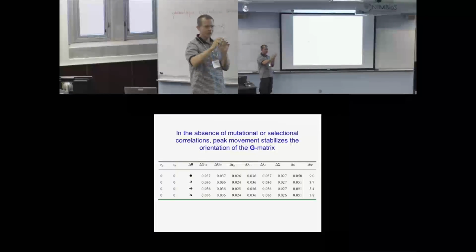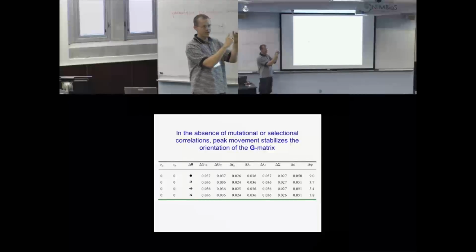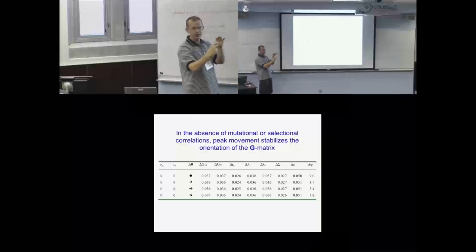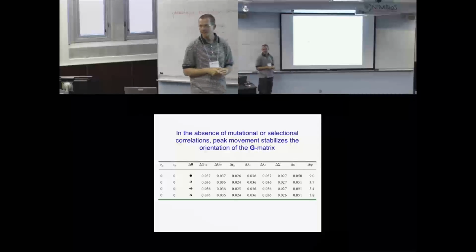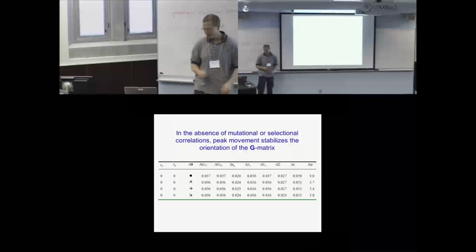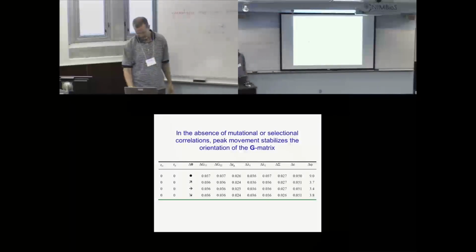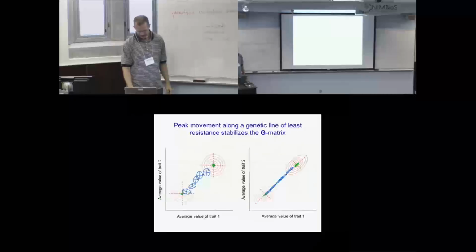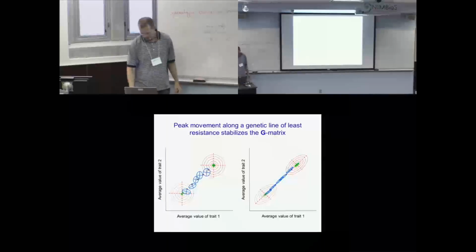So the optimum moves, you have a G matrix, say it's round to begin with, it stretches out and follows along behind the optimum, right? Because it wants to come home to its optimum. It's pretty weird. All right, so that's one result.